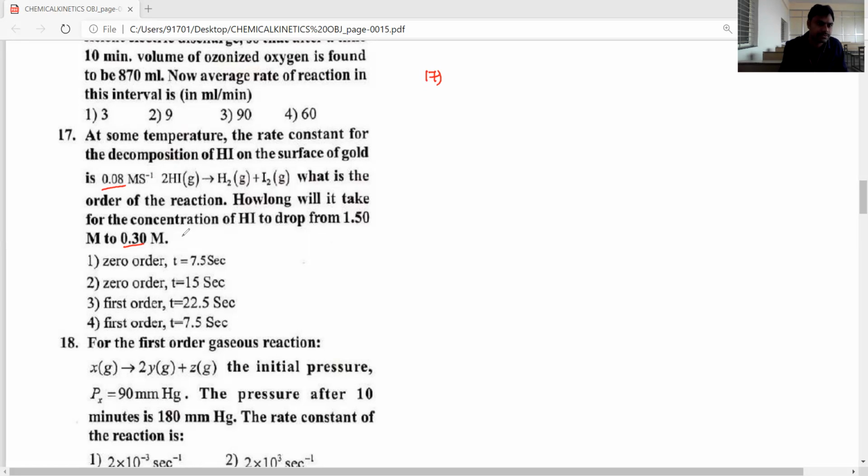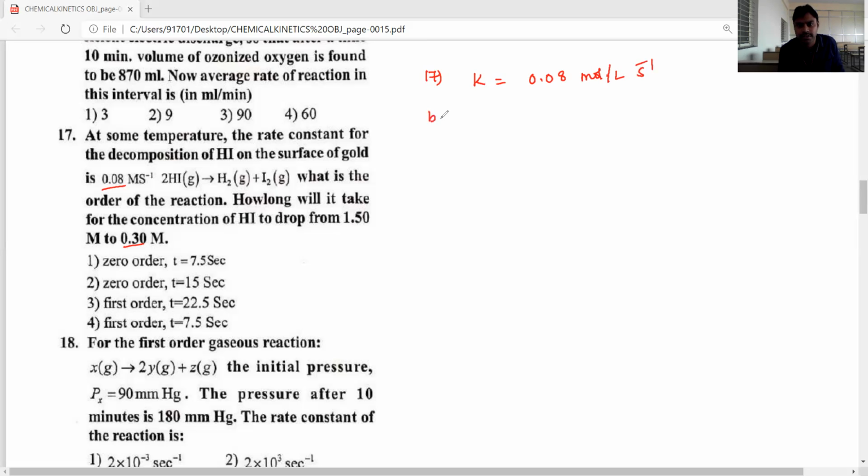Let's see. The rate constant K is equal to 0.08 mole per liter second inverse.